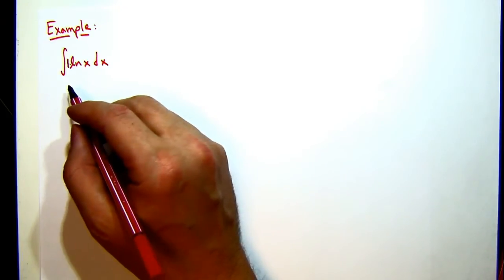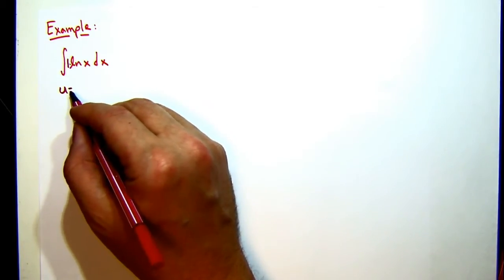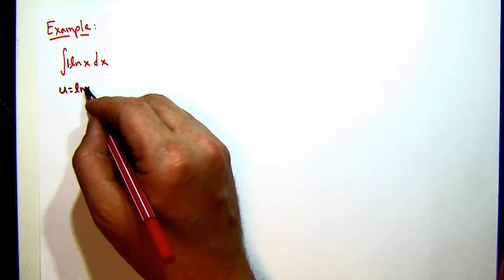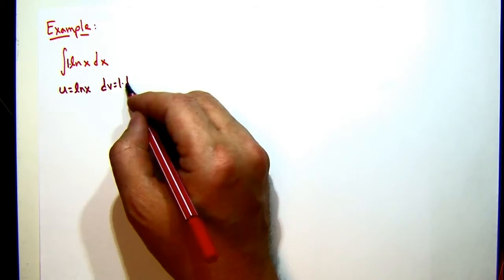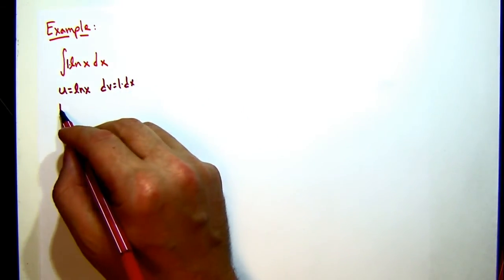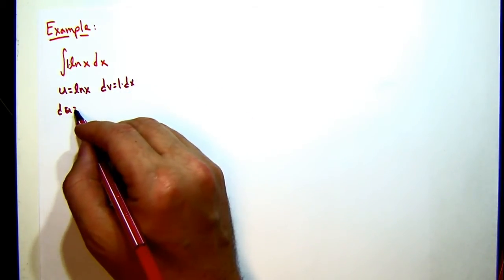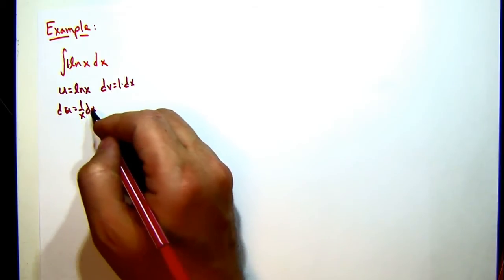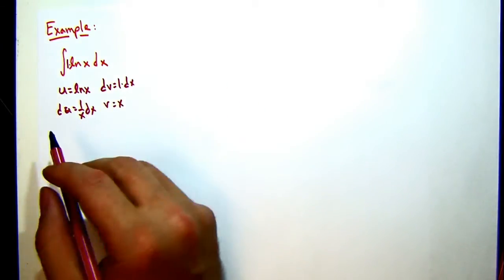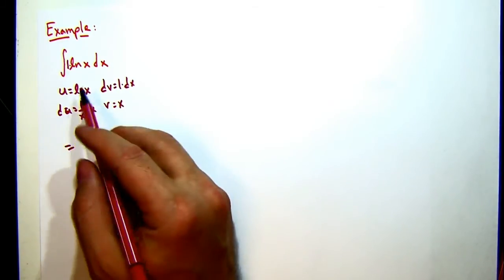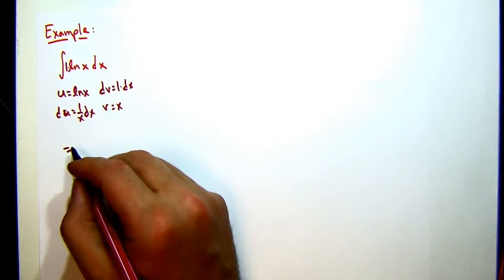Now, in this case, we have the log. We don't know how to integrate it. We have to differentiate. So we're not given a choice. u has to be log, which means that dv is 1. So du will be 1 over x, and v will simply be x. And so now, what do we get?